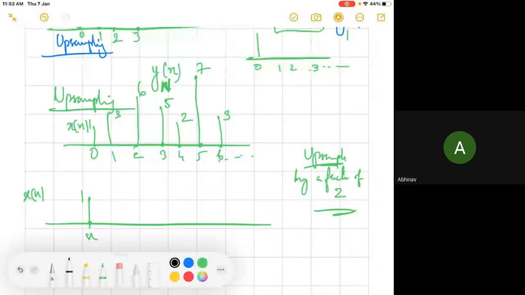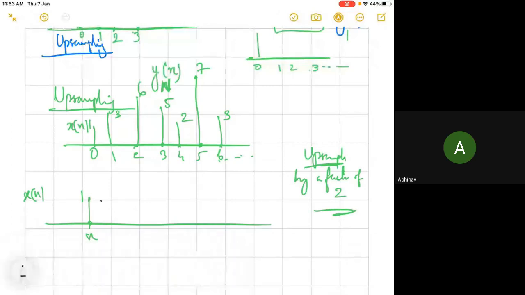At n equal to 1 you have 0. By upsampling, what you mean is that in the intermediate values you take 0. So at 2 you will take whatever you have at 1. So that is 3. You will take 3 here.